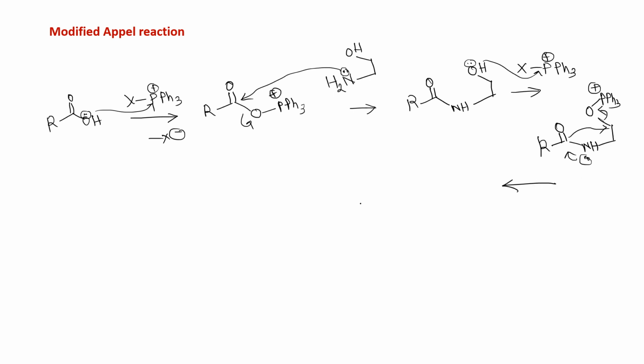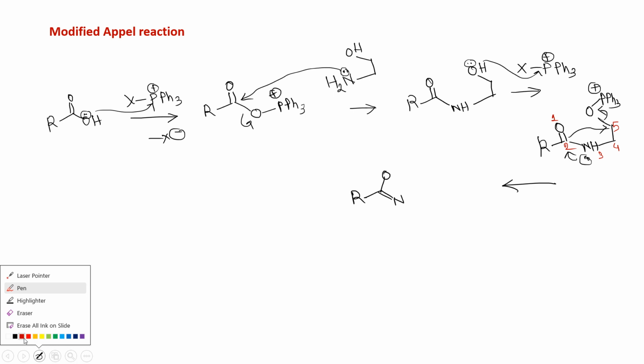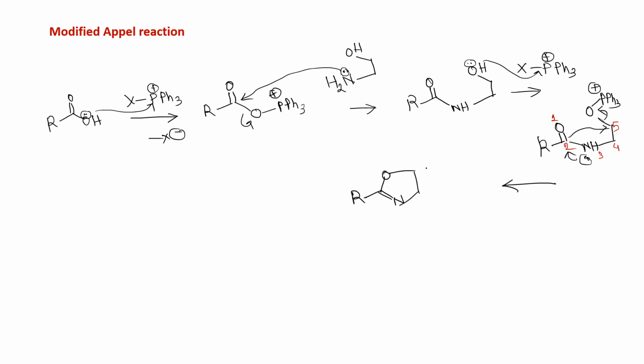So what we are getting? We are getting R, there will be a C=N double bond. Just put some numbers, it will help you to understand the reaction. So it is 1, 2, 3, 4, 5. So here what is happening? This oxygen 1 and 5, these 2 positions are now connected. So we are getting a 5-member ring, right?